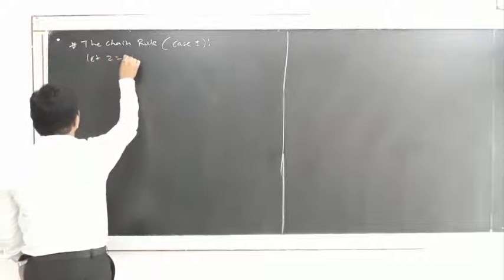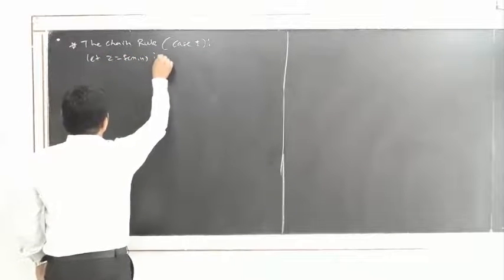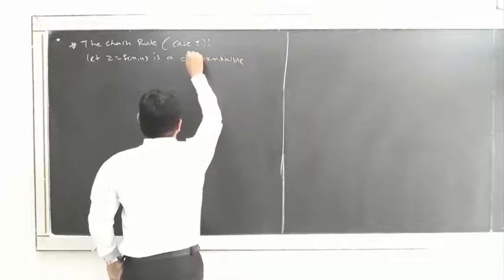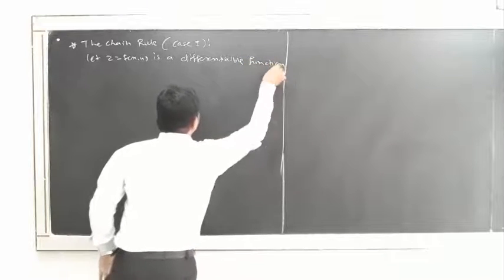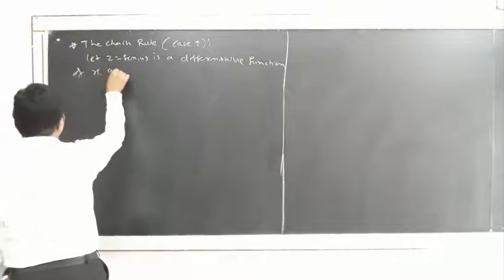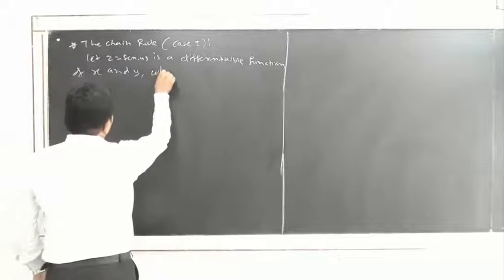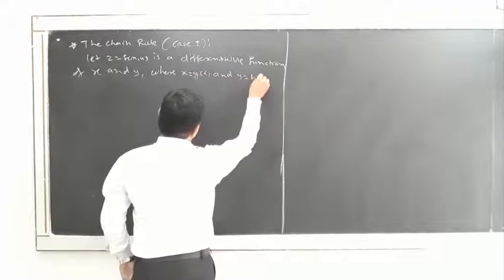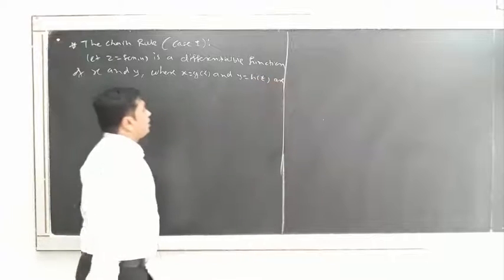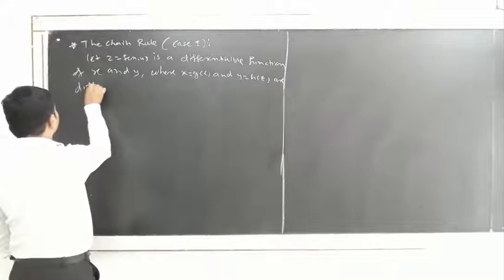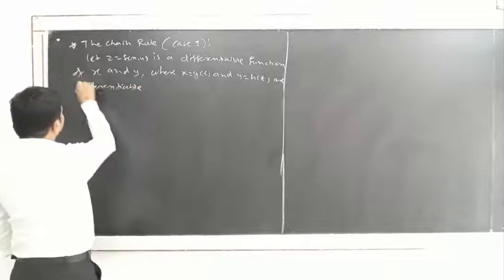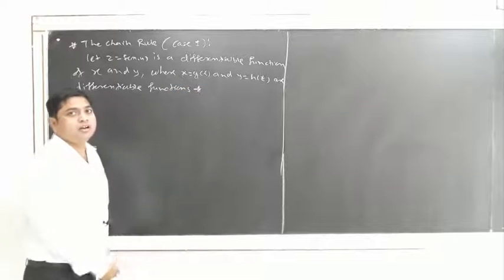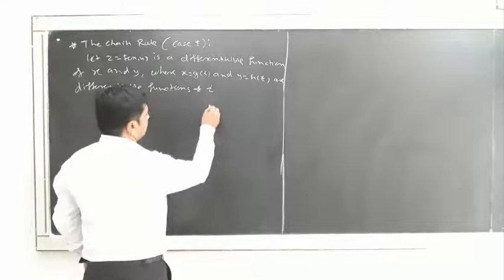Let z is equal to f of x, y be a differentiable function of x and y, where x is equal to g of t and y is equal to h of t are again differentiable functions of t.